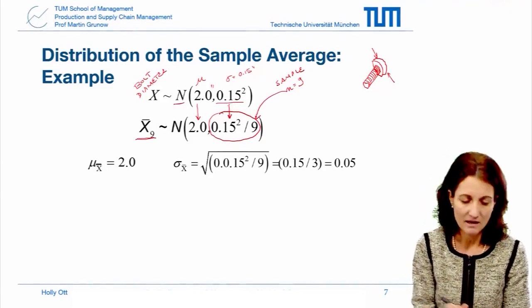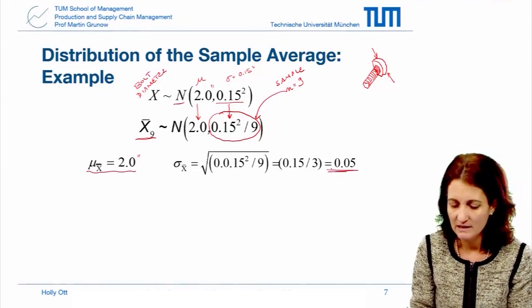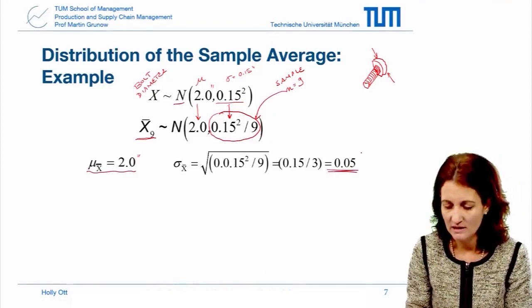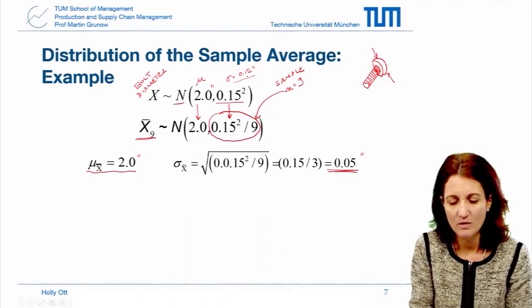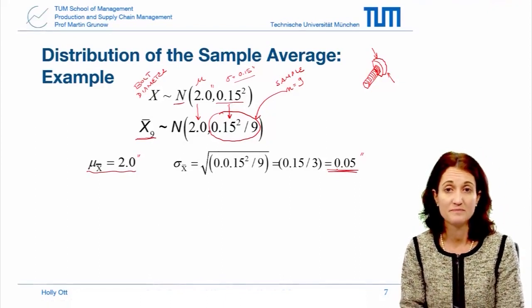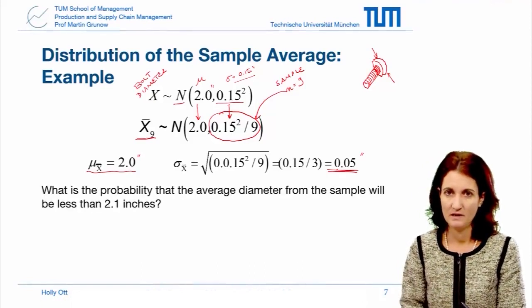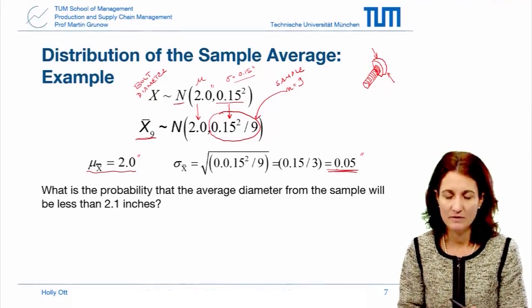If we calculate that out, the mean hasn't changed. It's still 2 inches. And the standard deviation, instead of being 0.15 inch, is 0.05 inch, which, as we know, should be smaller.